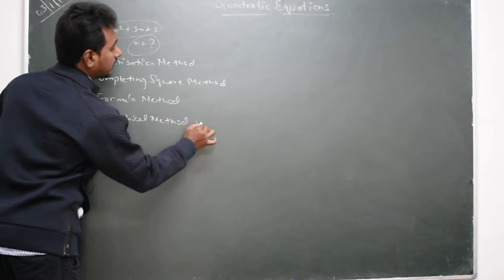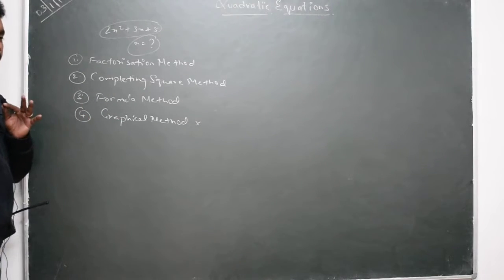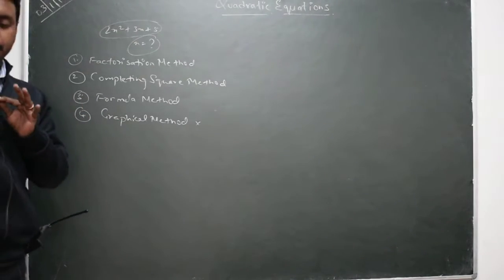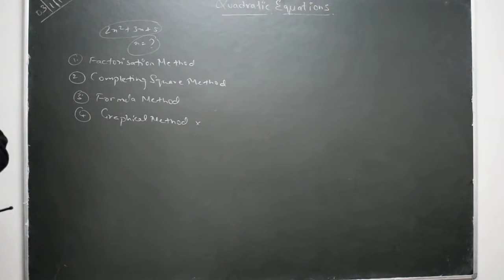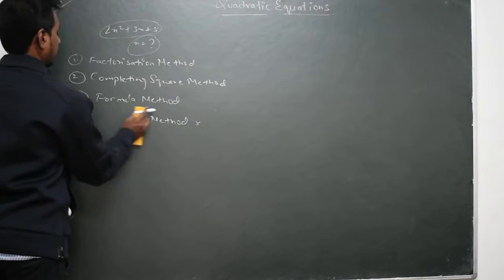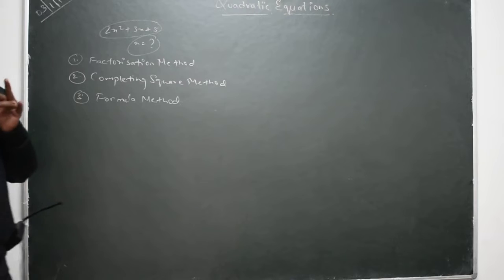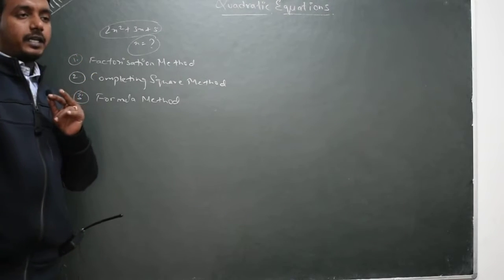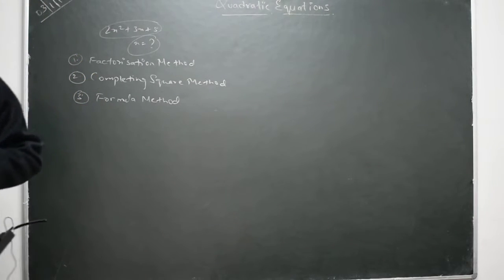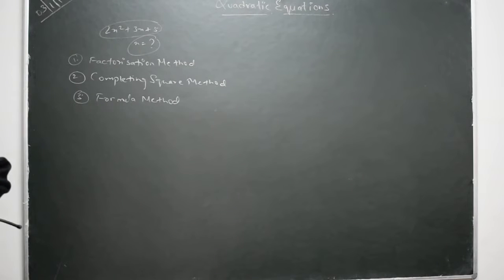This was there in your syllabus till the last batch, but now it is not there. Basically, you have these first three: factorization method, completing square method, and formula method to solve a quadratic equation. Firstly, I'll tell you how to solve in all three methods, then we will go through each method individually.